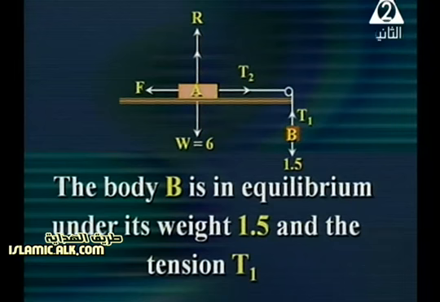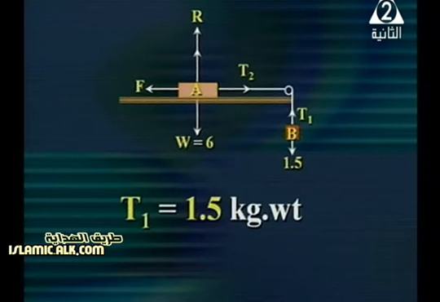Body B is in equilibrium under its weight 1.5 and the tension T1. What do you deduce? T1 equals 1.5, because body B is in equilibrium. We have two forces equal in magnitude and opposite in direction, so T1 and 1.5 must be equal.